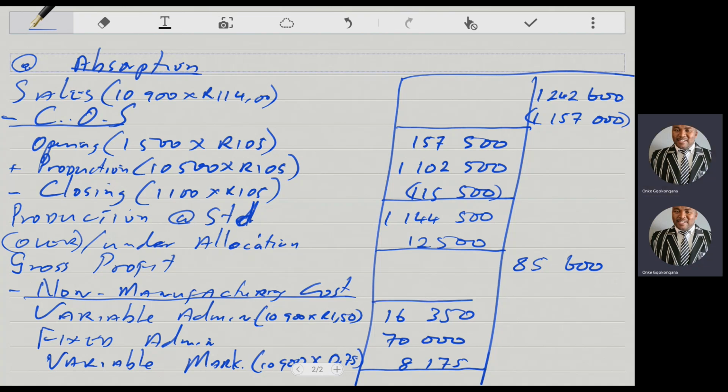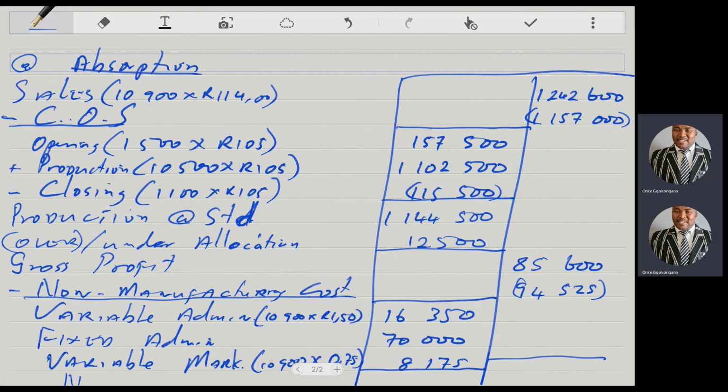That's it. Then I will add the 16,350 plus 70,000 plus 8,175. So we've got a total of 94,525.